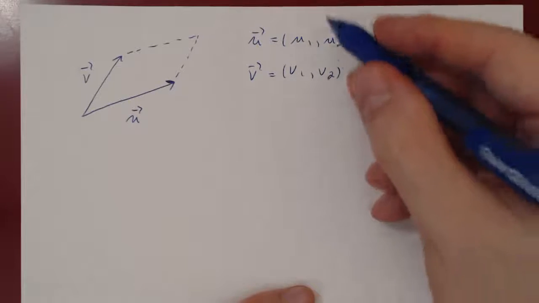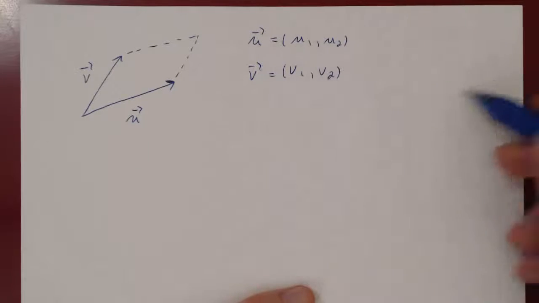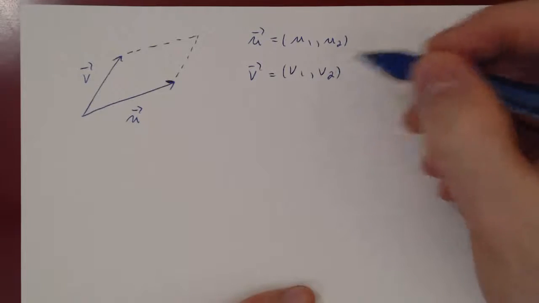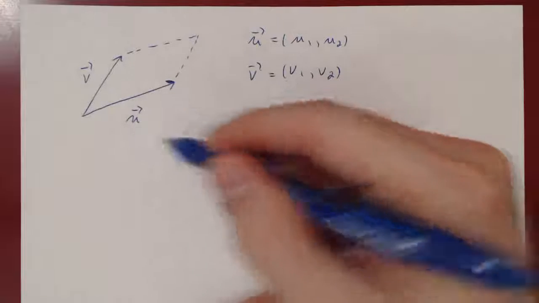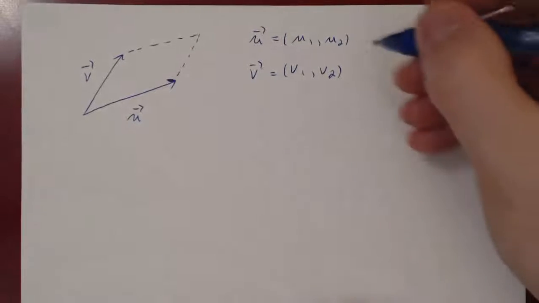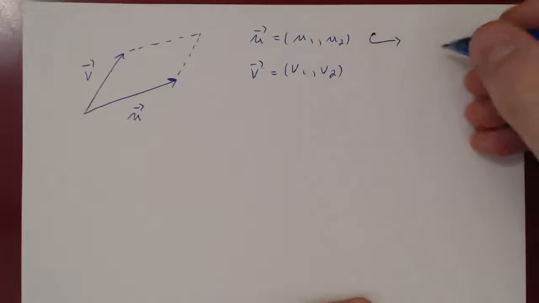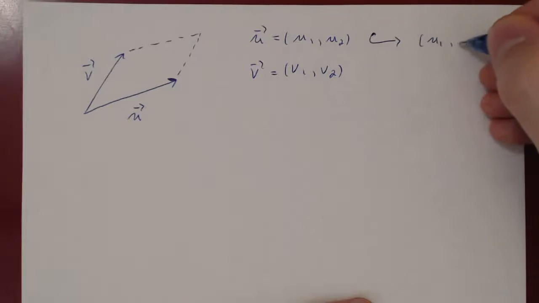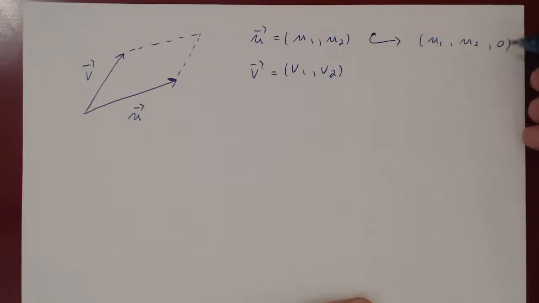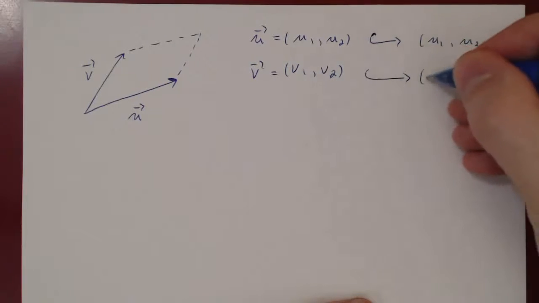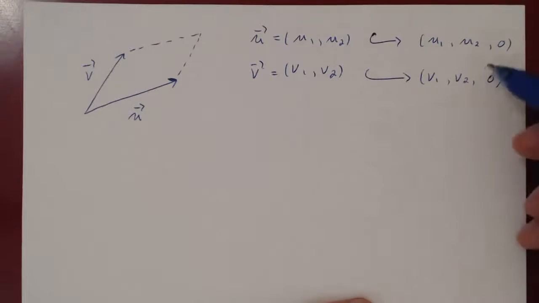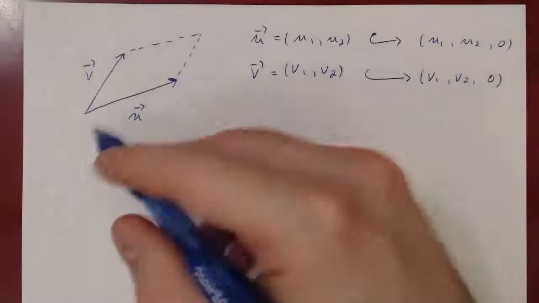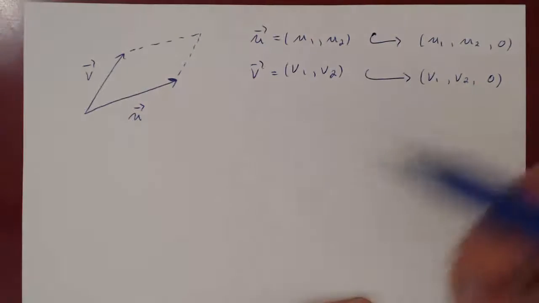We know that we can embed these two vectors in R3 by adding a 0 z component, and then we can use the norm of the cross product as we have just derived. So u becomes the vector u1, u2, 0, and v becomes the vector v1, v2, 0. Now we have two vectors in R3 spanning the same parallelogram, and we use our result.